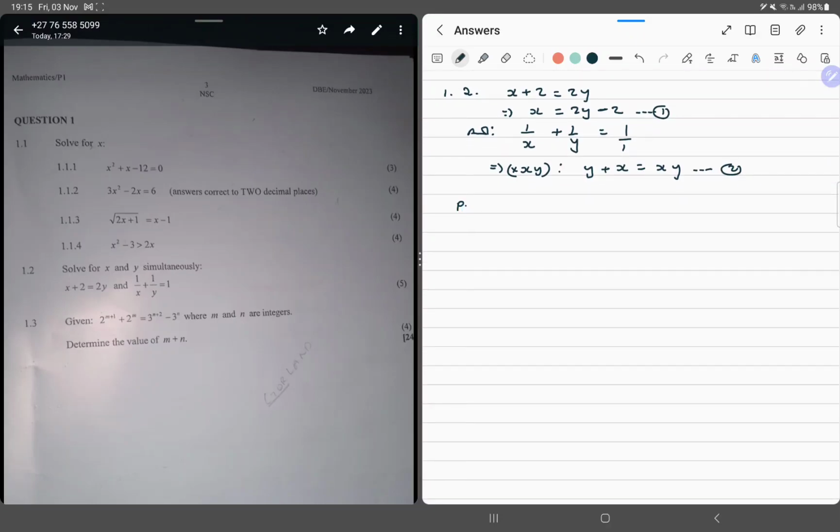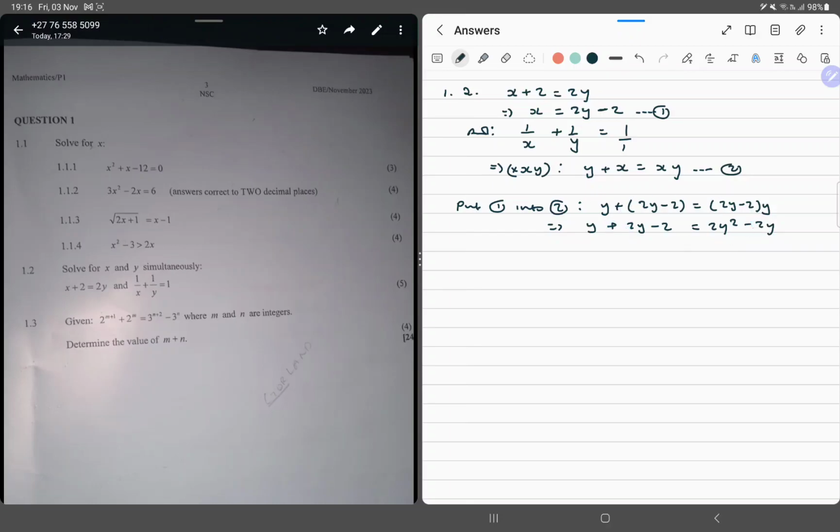So we can say put 1 into 2. So we've got y plus x is basically 2y minus 2. Okay, is equal to, again, x is 2y minus 2 times y. So we've got y plus 2y minus 2 is equal to 2y squared minus 2y.